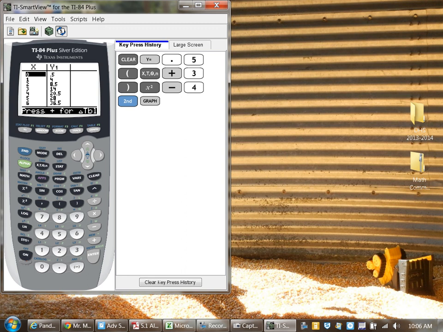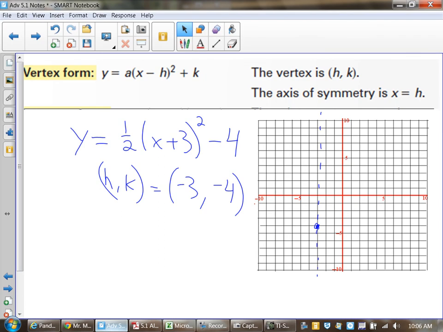We all know that your axis of symmetry occurred at what? X equals -3. If you scroll up and down on your table, you'll see that if you put your axis of symmetry kind of in the middle, let me put this on the big screen.